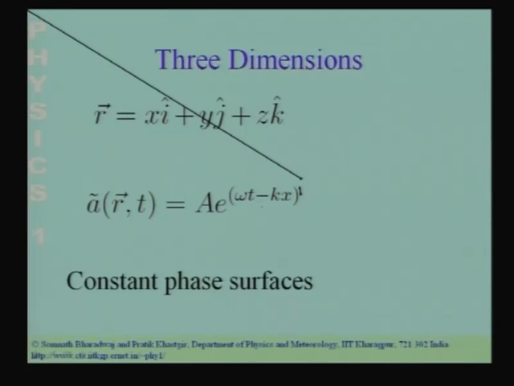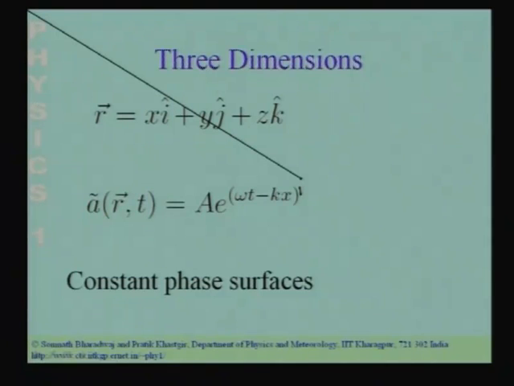So, this tells us that there are surfaces in 3 dimensions on which the phase is a constant. These surfaces on which the phase is constant are parallel to the y z plane. If I move anywhere in the y z plane, the phase does not change.